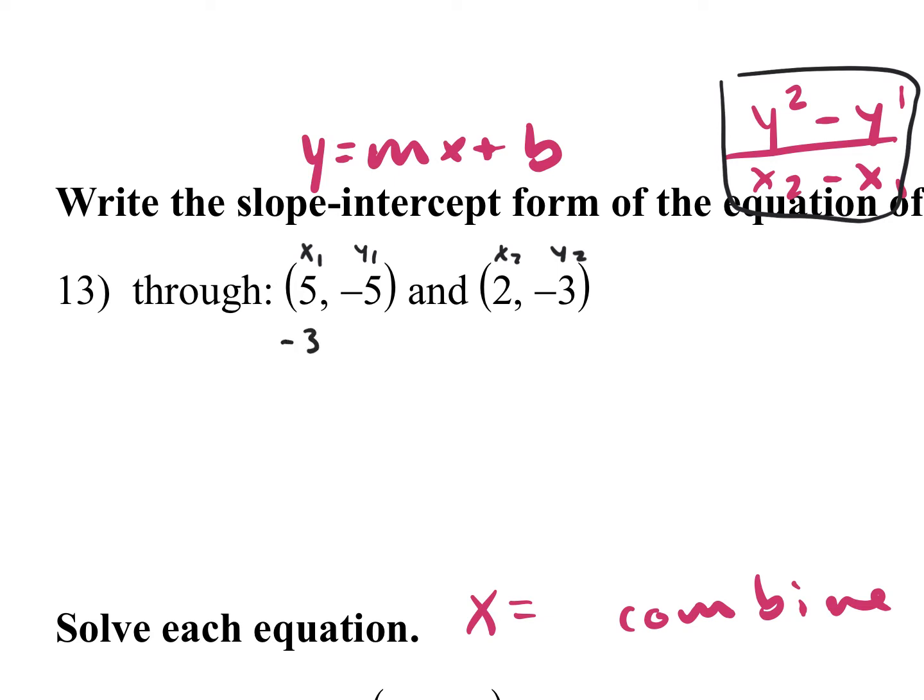So negative 3 minus negative 5 over 2 minus 5. Whenever you have minus a negative number, it becomes a plus. So this is negative 3 plus 5, which is 2. And 2 minus 5 would be negative 3.